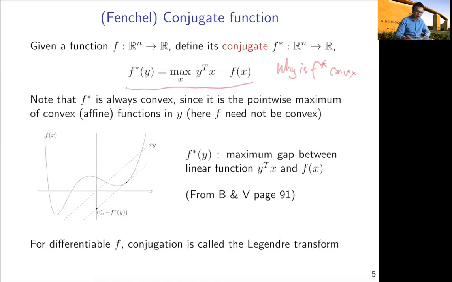So how do we make sense of this? Here's one way you can think about what the conjugate function is doing. Let's substitute specific quantities of y into the equation and see what we can get.